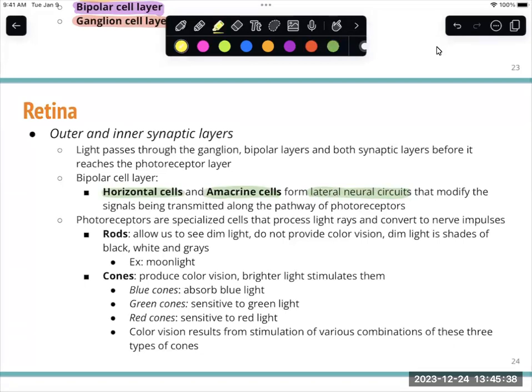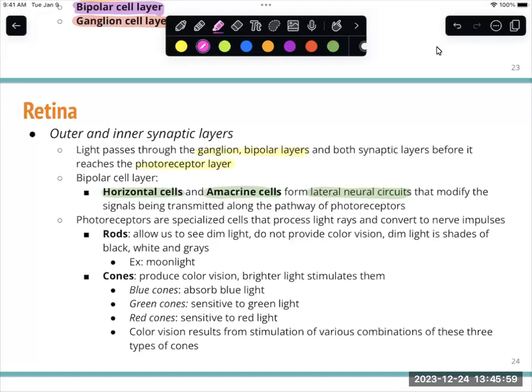So when light gets passed along, it goes through the ganglion layer, the bipolar layer, before it reaches that photoreceptor layer. So for images to be picked up, they have to travel through these layers, and then it kind of travels backwards back out. We'll look at some pictures of that in a minute.